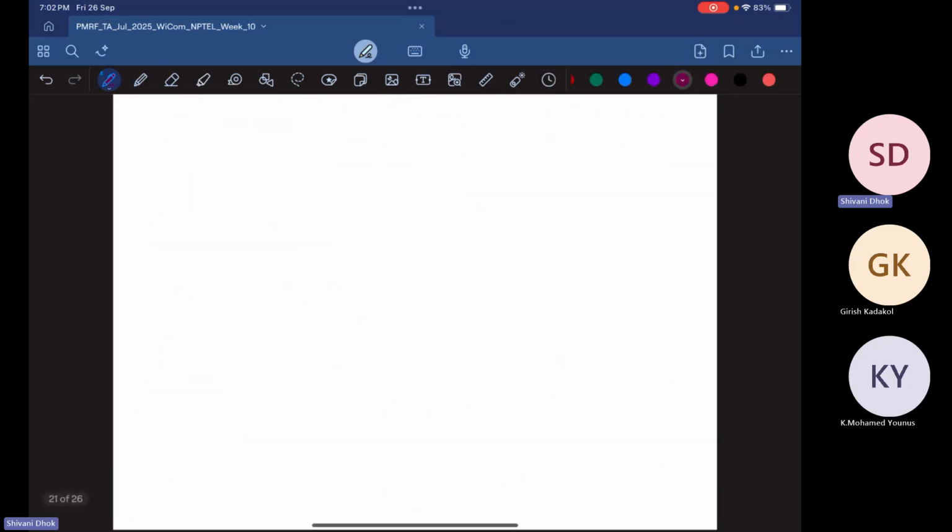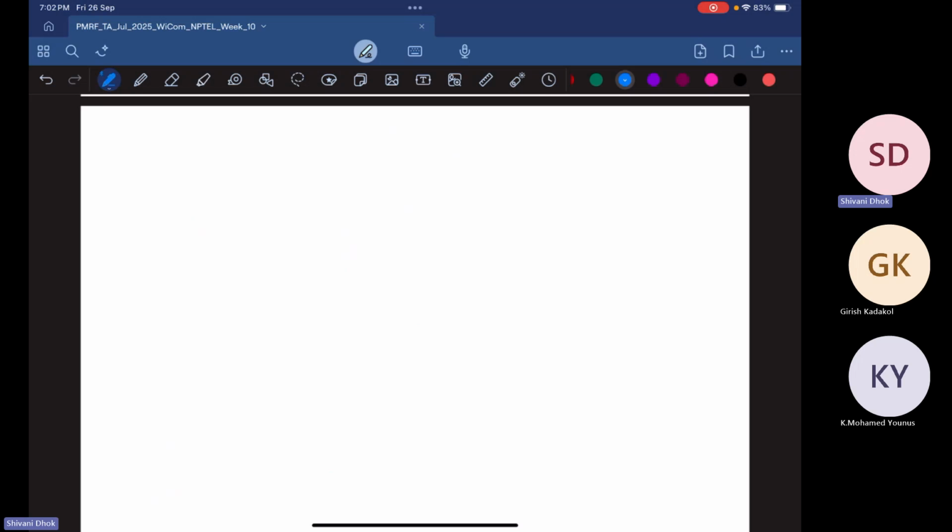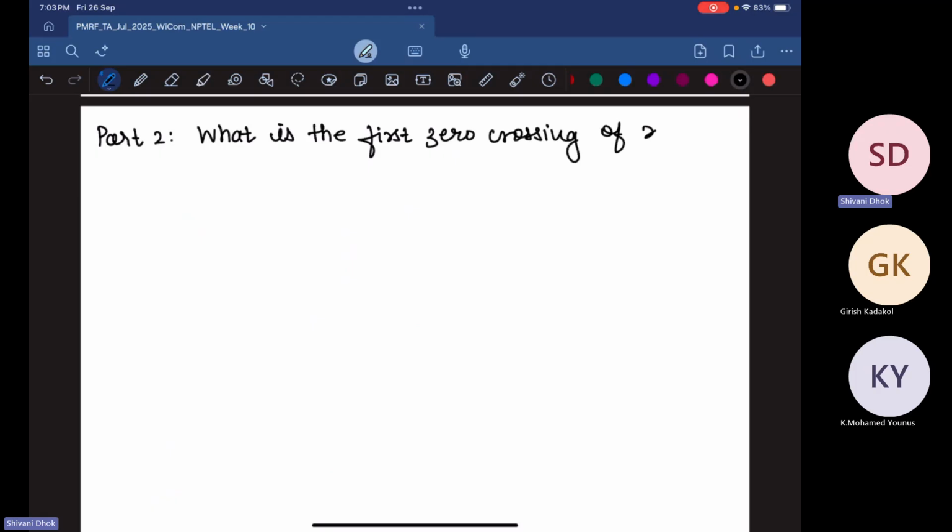The second part asks, what is the first zero crossing of x of alpha t when alpha is greater than 0.